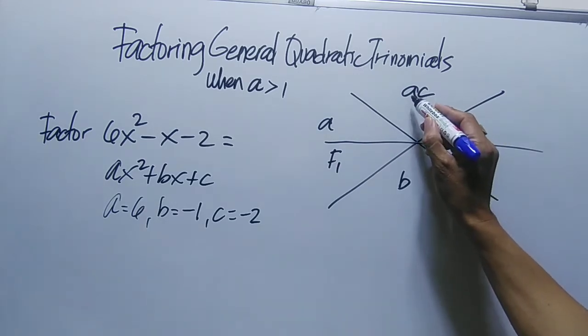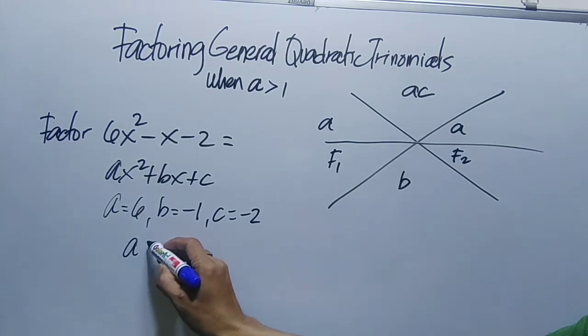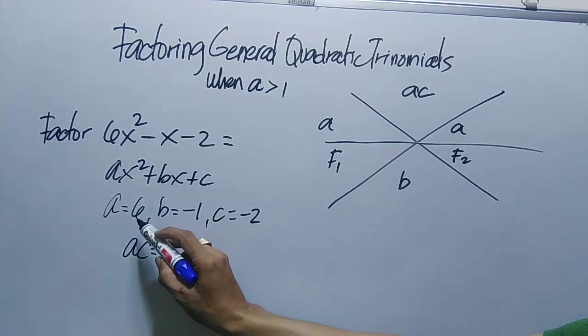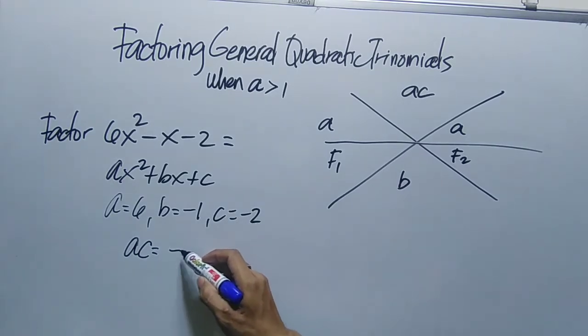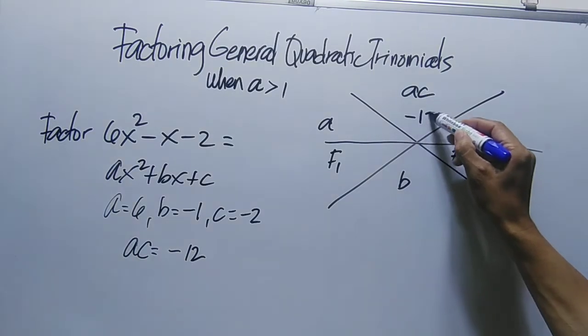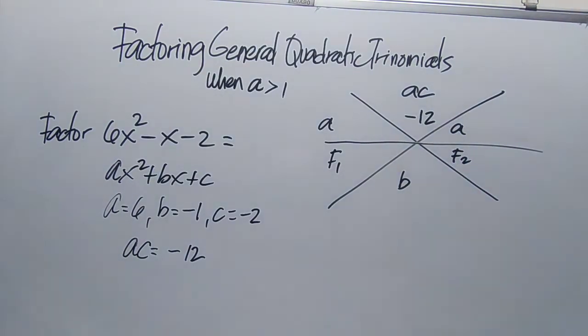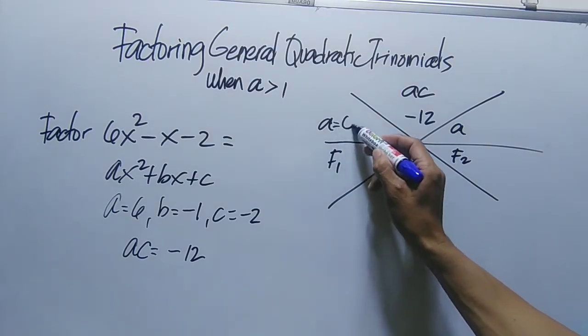So, AC or A times C, kunin natin yan. Value ng A is 6, multiply natin kay C na negative 2, so that is negative 12. So, negative 12 yung value ng ating AC. Ngayon, si A dito is 6, di ba?